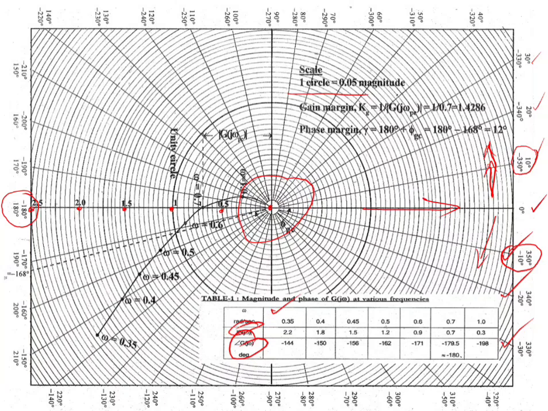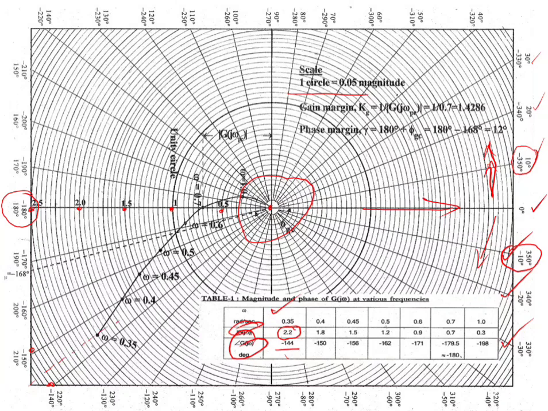Now the first point is 2.2. For this 2.2, the phase angle is -144, so we have to take clockwise. Clockwise in the sense negative degrees. 144 comes after -140, so this is -140, and this is -150, and 144 is almost at the center.